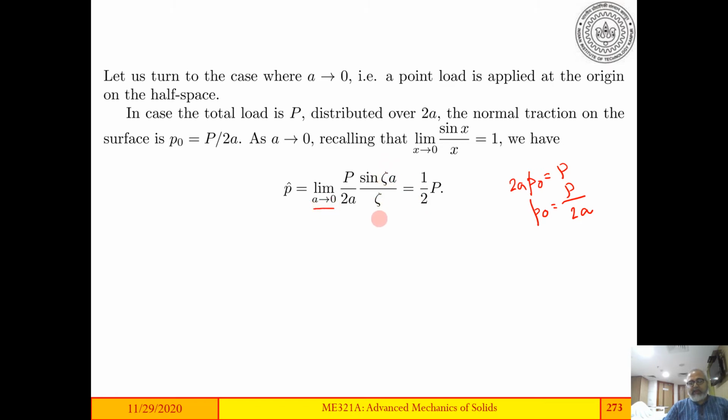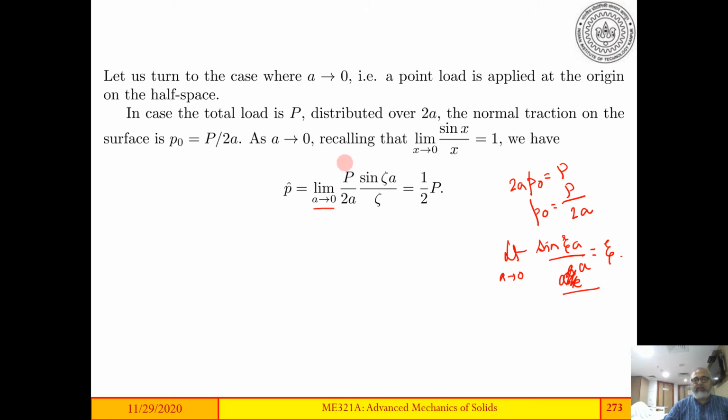Sine zeta A by A, as A tends to 0, is equal to zeta.